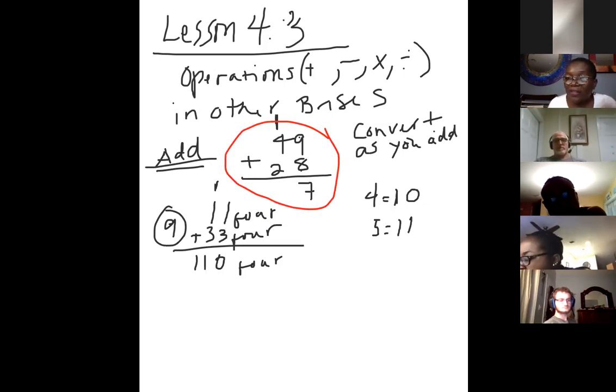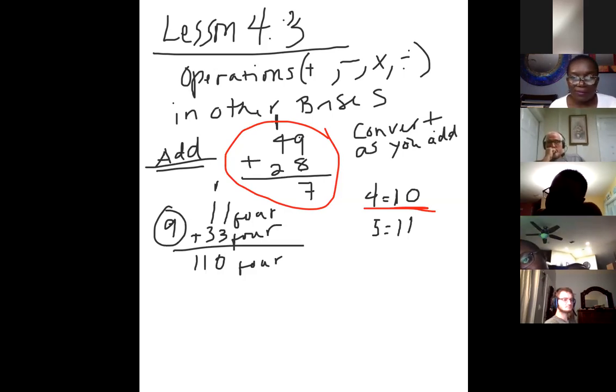You drop the 7, carry the 1. Well, when you convert 4, 4 becomes 10. You got a 2-digit number, so you drop the 0, carry the 1, just like grade school. Oh, so that's where you got the 5 from. Right.